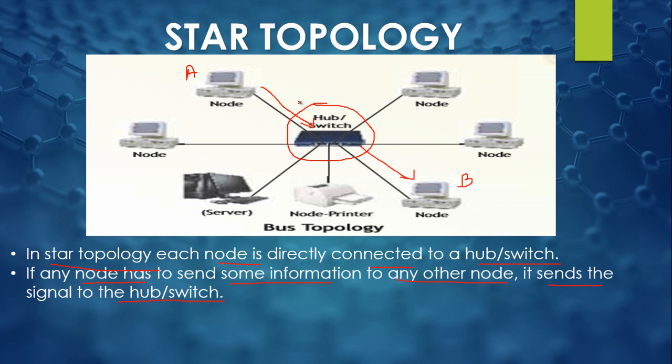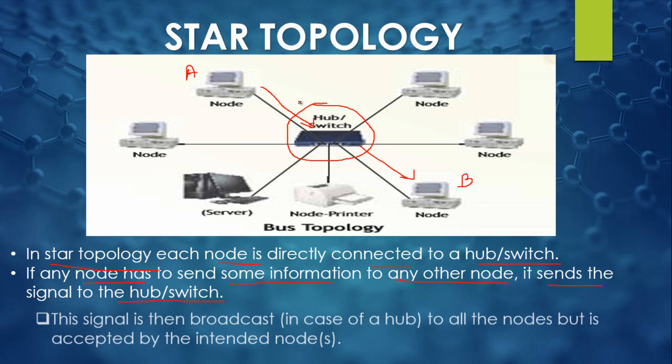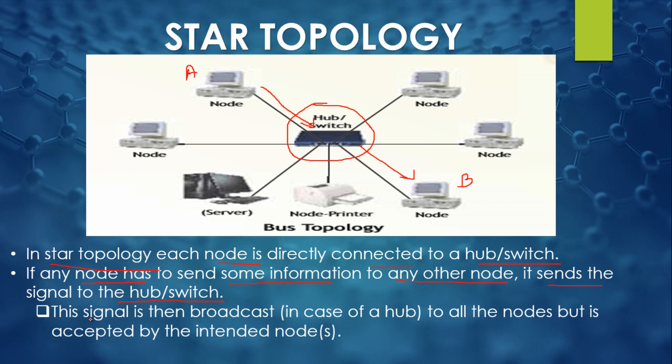Okay, so what happens if there is a hub, or what happens if there is a switch? Just listen to this: the signal is broadcasted in the case of a hub. It means if the central device is a hub, then what will happen? Suppose A sends the data to this central device, and suppose at the center we have a hub device.